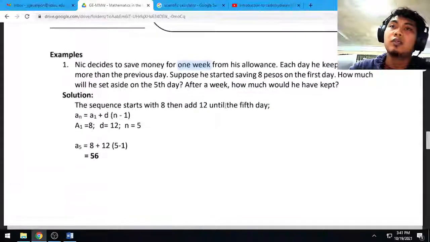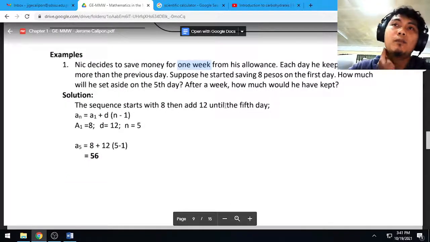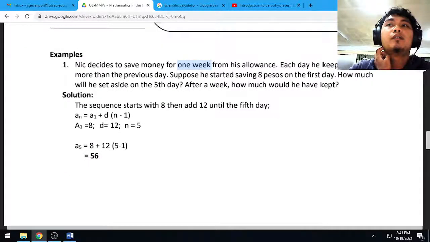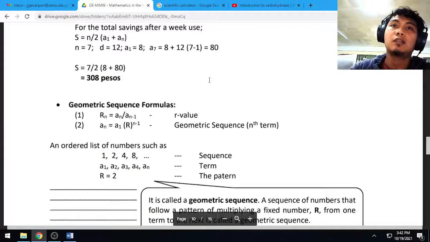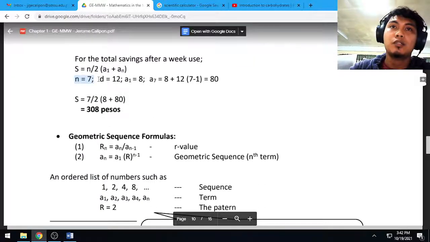Pag sinabi ng author na 1 month, ilang day yan? Kung sinabi dito hour, tapos sinabi dito day, ilang hours sa isang araw? 24 hours. Kinonvert lang. So, N is the number of days in a week.